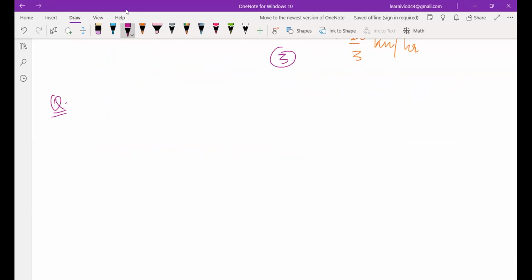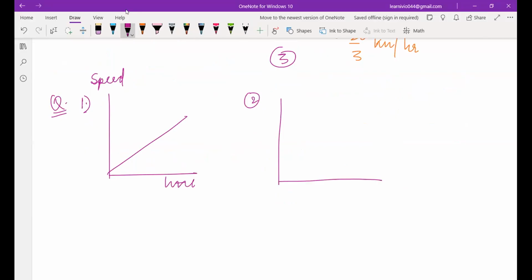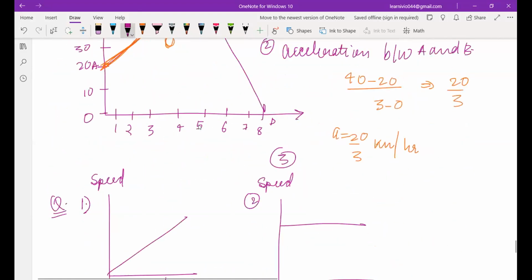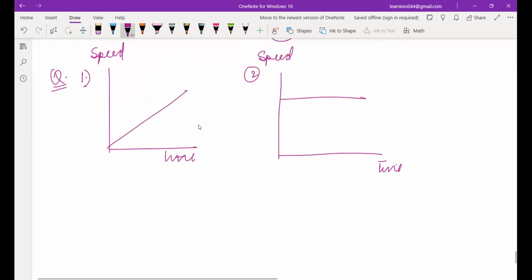What type of motion is represented by the following graph? So I will draw the graph. You have to tell me the kind of motion. Tell me for first and second what kind of motion is it? First one is uniform motion. Uniformly accelerated motion. It's not just uniform motion.